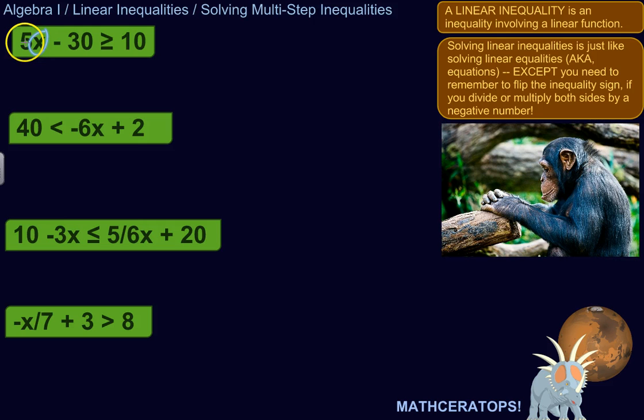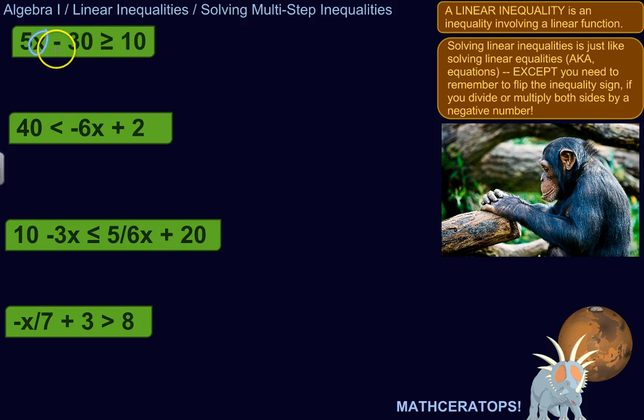I've got x being multiplied by something, and then something being subtracted here. So when I'm following the order of operations, I would do multiplication before subtraction. But since I'm solving an equation or an inequality, I go the other way. So I start with the addition or subtraction.